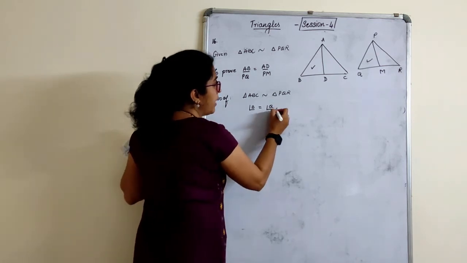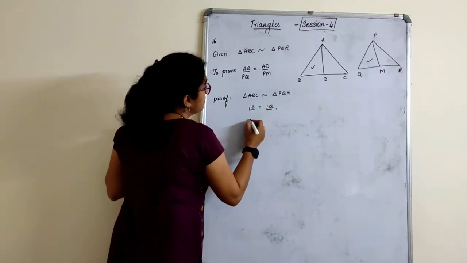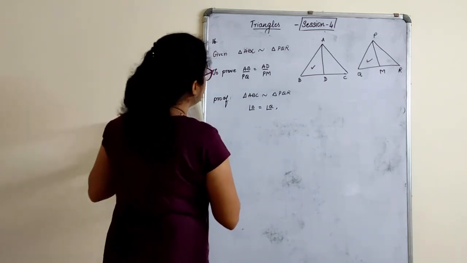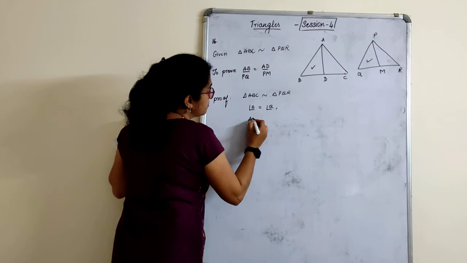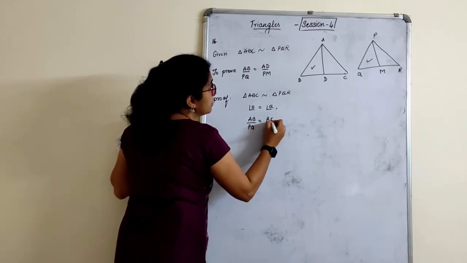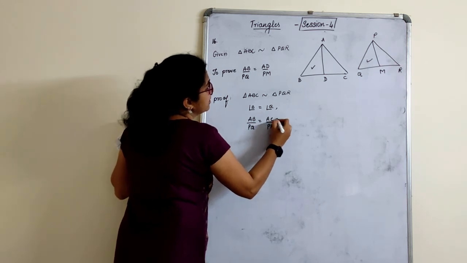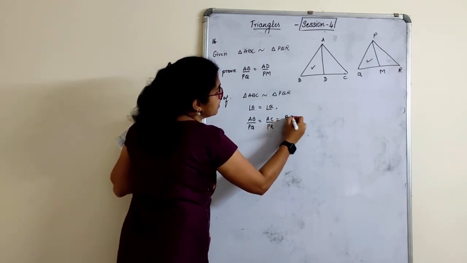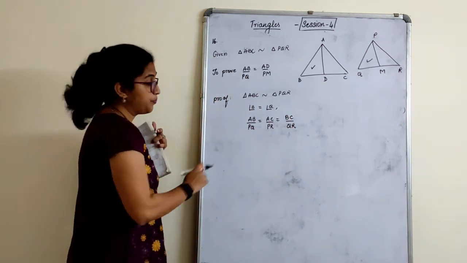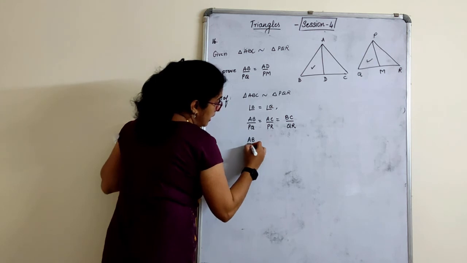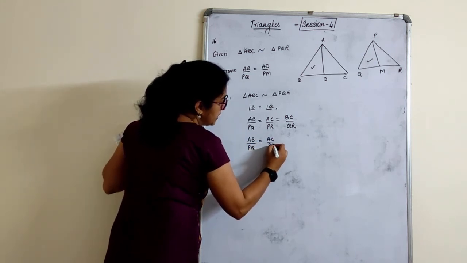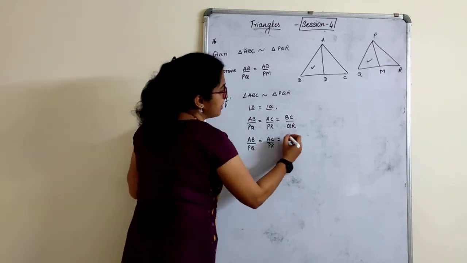Angle B is equal to angle Q. And I can also write that AB upon PQ is equal to AC upon PR is equal to BC upon QR.